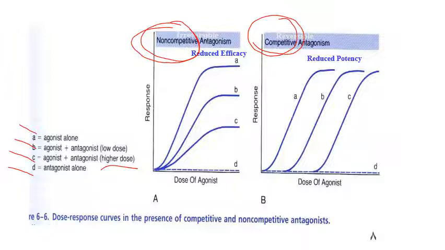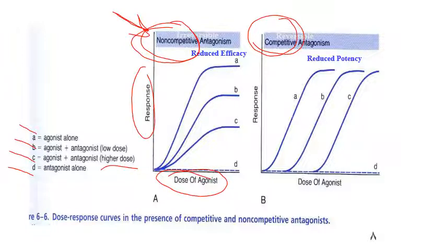So here we correlate the dose of agonist with the response that can be produced by the interaction with the receptor. So in the presence of non-competitive antagonist, which means irreversible.